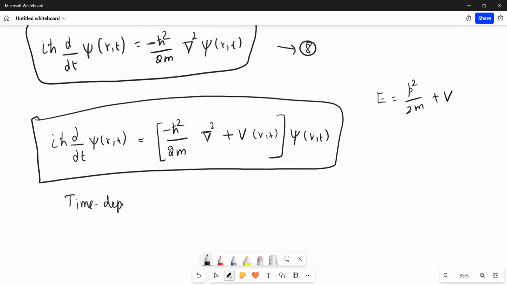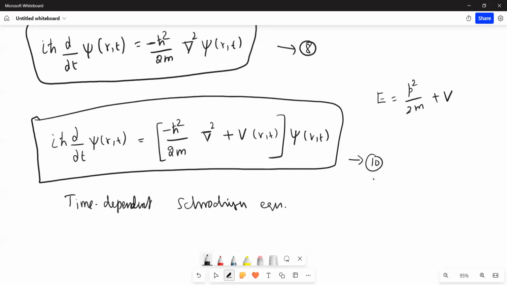Time dependent Schrodinger equation for a free particle of mass m moving in a potential V. So this equation number 10 is the time dependent Schrodinger equation for a free particle of mass m moving in a potential V of r comma t.